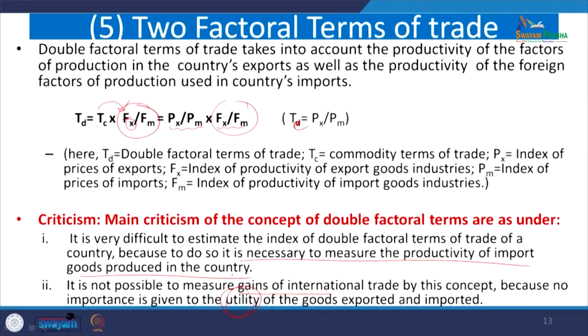So, these are not discussed correctly. Similarly, new concepts are therefore defined. One criticism of the double factorial is that, though it includes the productivity of the import basket, how productive the foreign factors are is very difficult to calculate. That is one aspect.